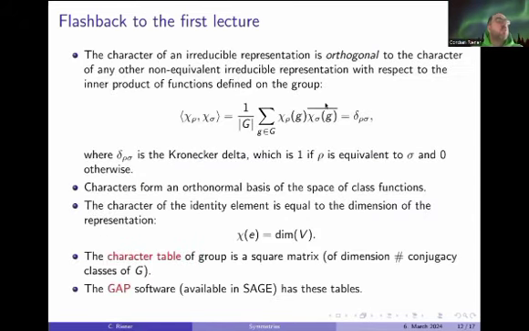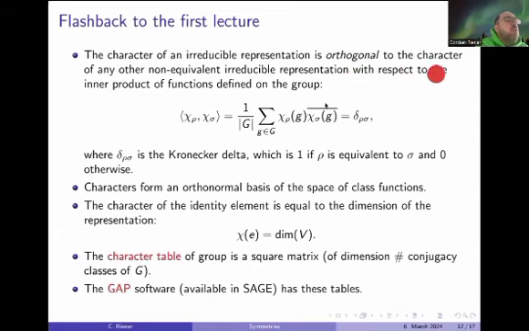So why should you be interested in these characters? These characters actually have a lot of important information to characterize a representation. That's why it's called character. The most important one, which is also a consequence of Schur's lemma, is the so-called orthogonality relations of characters.